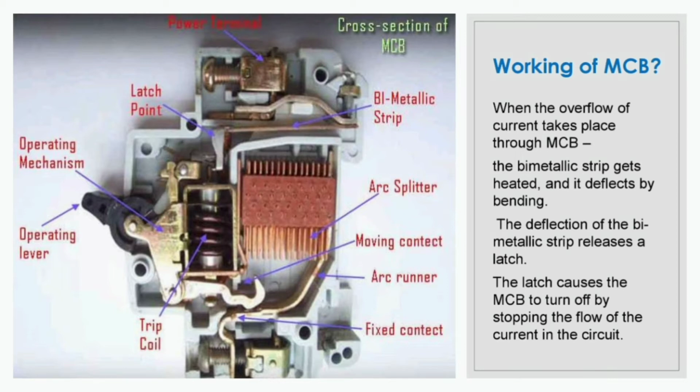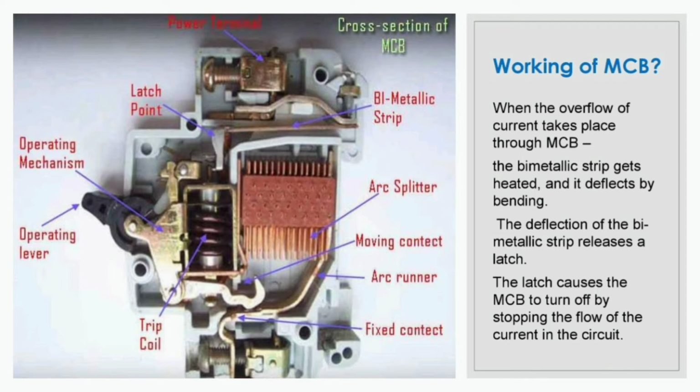Some of the people are aware that copper will expand with heat, and steel will not expand as much with heat. This bimetallic strip in the MCB is made up of steel and copper together. Due to that, the bimetallic strip will bend when it gets overheated. So the working mechanism depends upon this bimetallic strip.